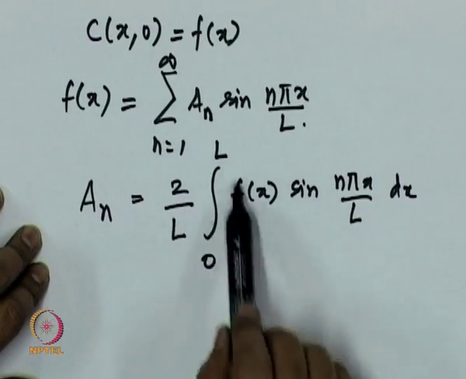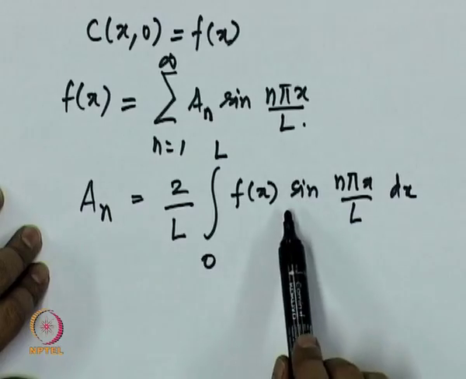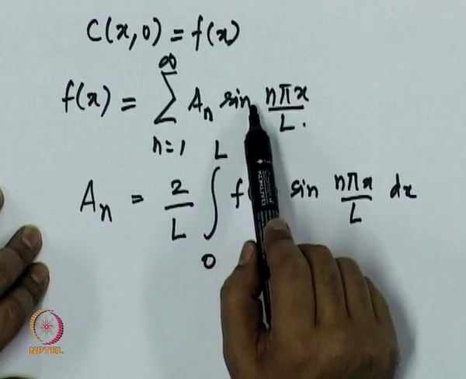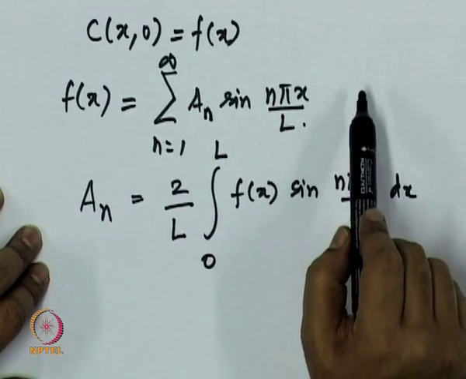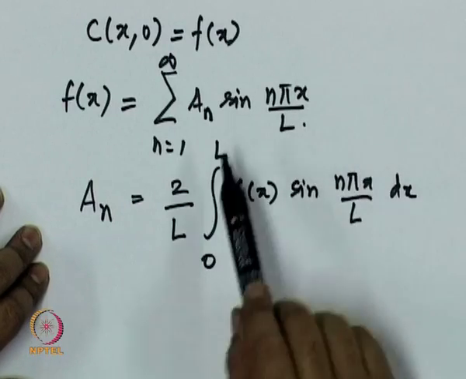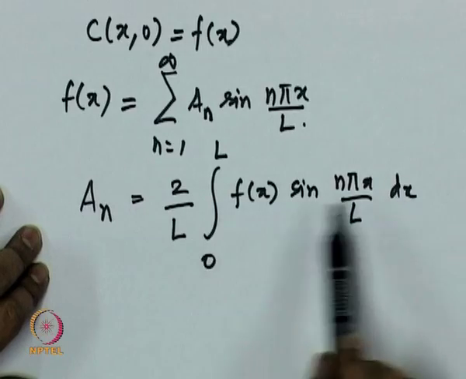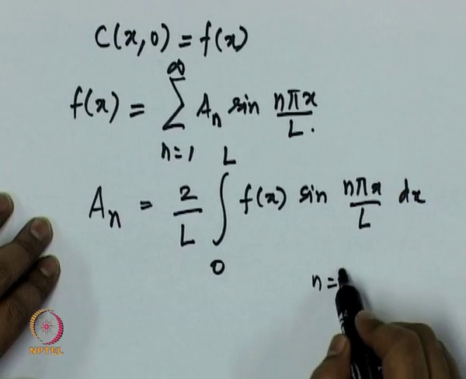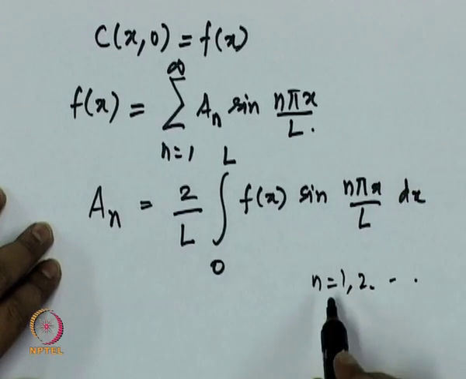So, that quantity, its integral f of x sin n pi x by L dx, is the integral of a n sin n pi x by L and sin m pi x by L, right, and only when n equal to m you are going to get some value, and in all the other cases you are not going to. So, this is how we determine this constant, and n goes from 1 to infinity. So, you have determined the constant also.